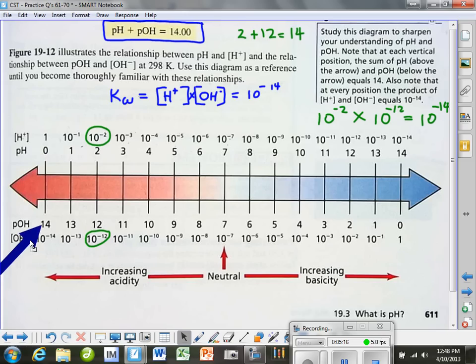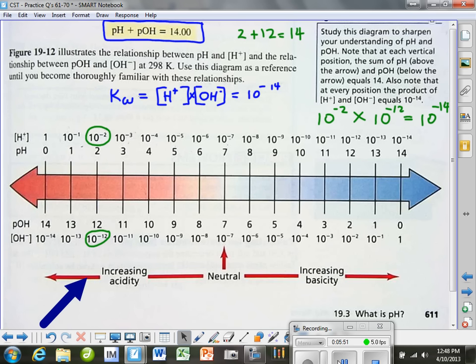So pOH is getting smaller and smaller, and the hydroxide ion concentration, we're down here on the bottom, is actually getting bigger, where the hydrogen ion concentration is smallest here and largest here. They're exactly backwards from each other. So here we have increasing basic, going from neutral to here, we have increasing acid.